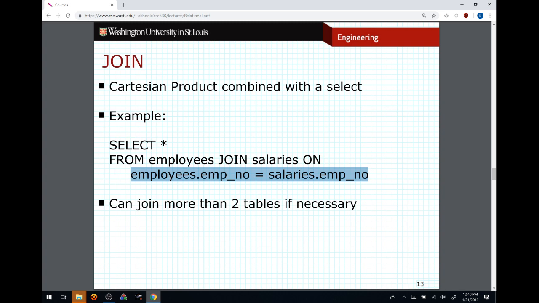First name, last name, and salary. And here it is. This is the query tree for this particular query. We read it from the bottom up. I start with the tables, and I read it up the tree.